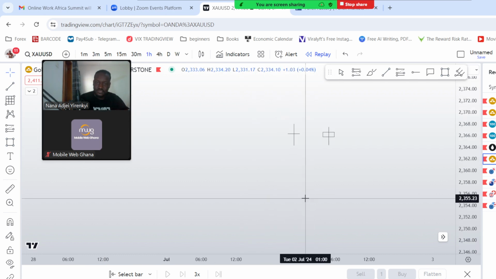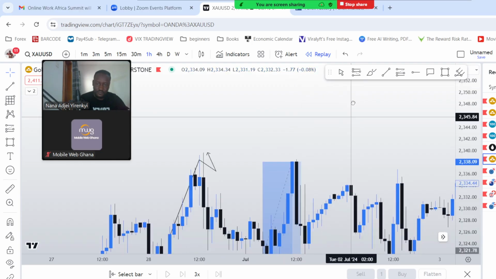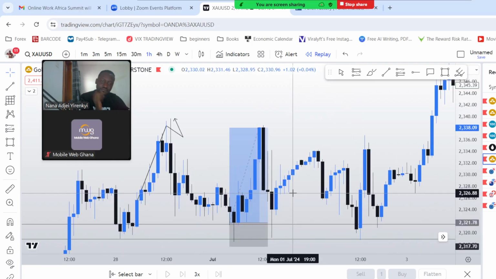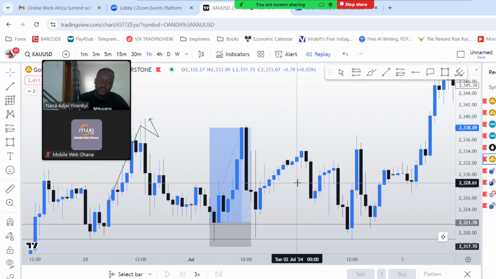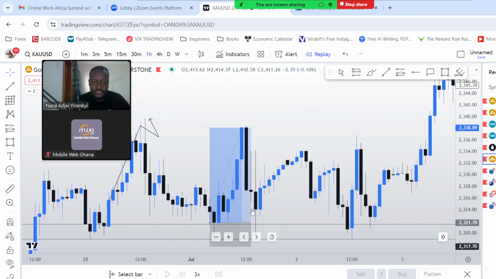So mostly the doji candle means an indecision candle. When price hits any level and forms a doji candle, it means that price has not yet decided which direction to go. So you are going to confirm by waiting for the next candle to be formed, to find the momentum that we are expecting.